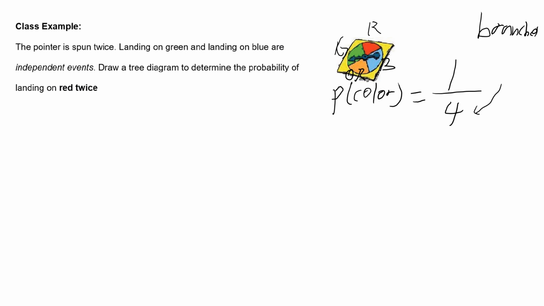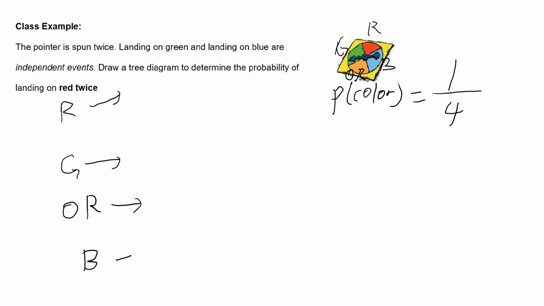What I mean by that is you're starting with 4 branch choices in this situation. I have red, I have green, I have orange, I have blue.